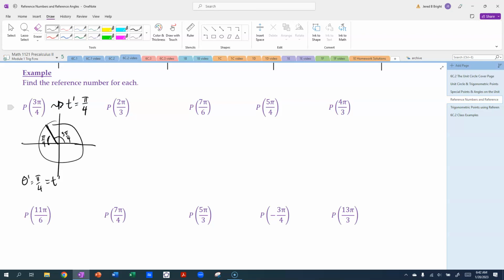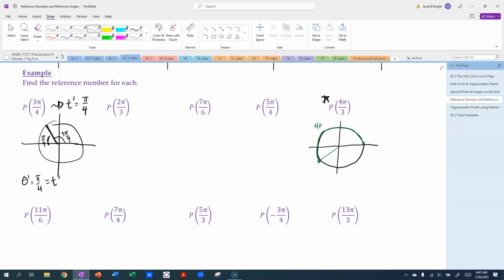Okay, let's skip to this one here. Now this is in a different quadrant. So we're here. 4 pi over 3 would be all the way over here. And then you can imagine this little terminal side here.